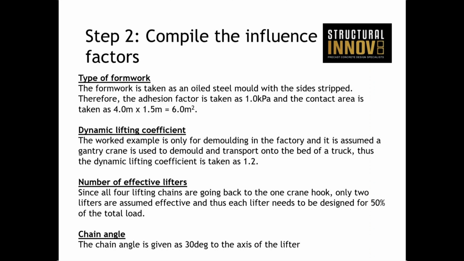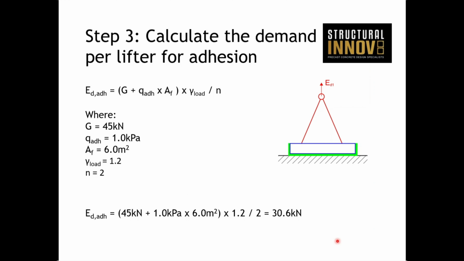So our first demand check is the mold for demolding. So the force required to break the adhesion of the mold, and that's the formula here. It's a function of the weight of the unit, the adhesion factor, the area, and then your partial factors for load and the number of effective lifters. So the only additional thing here is your partial factor for the load, 1.2.